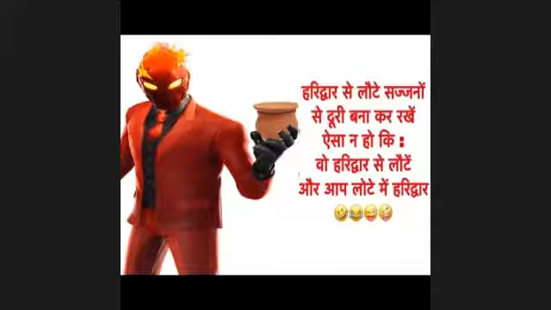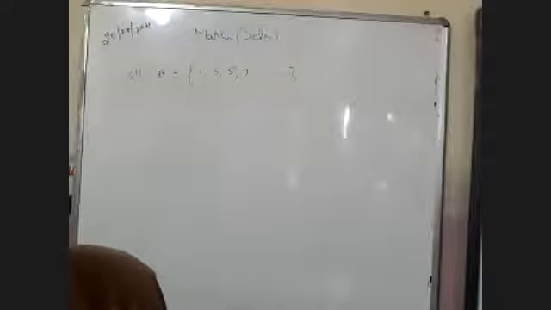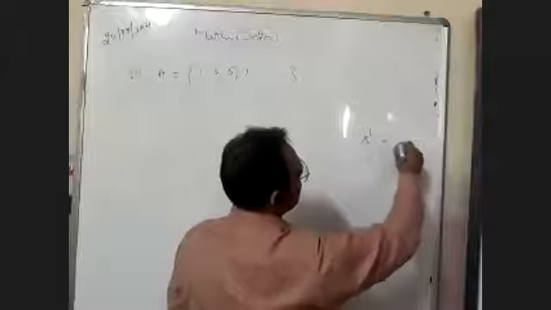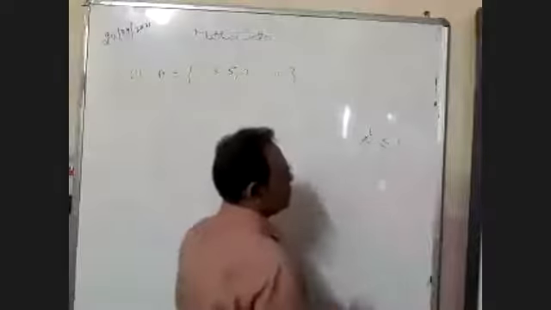Second part. In the second part, they are giving you x is such that x is an integer, x square is less than or equal to 4. Here they have mentioned this property, less than or equal to 4.